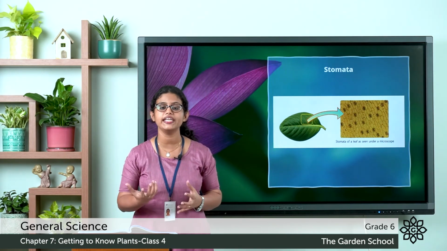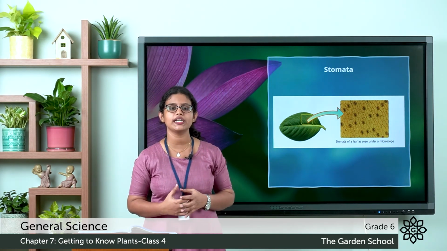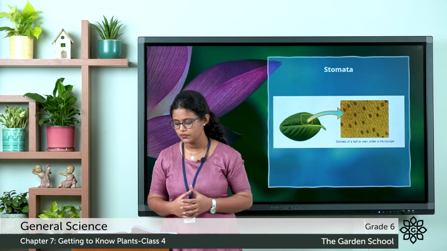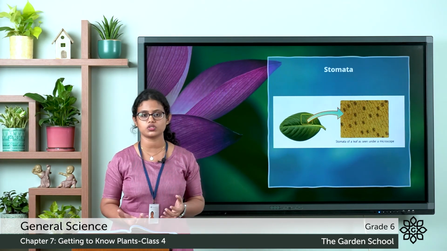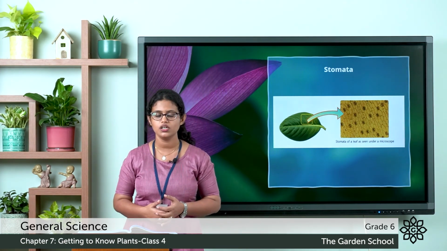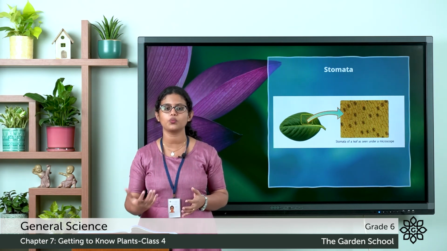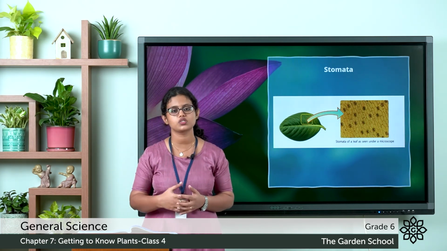The leaf has many tiny pores called stomata, and plants also give out oxygen and water vapor through the stomata.